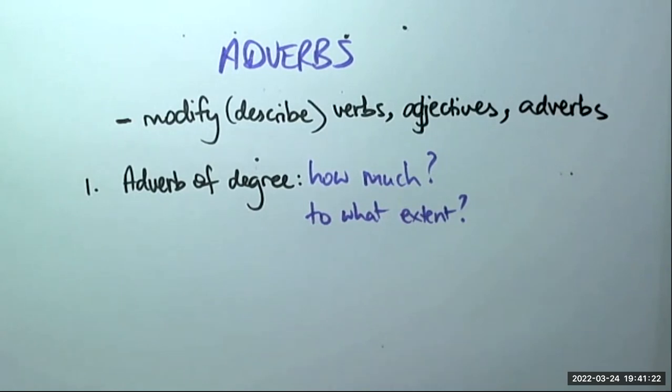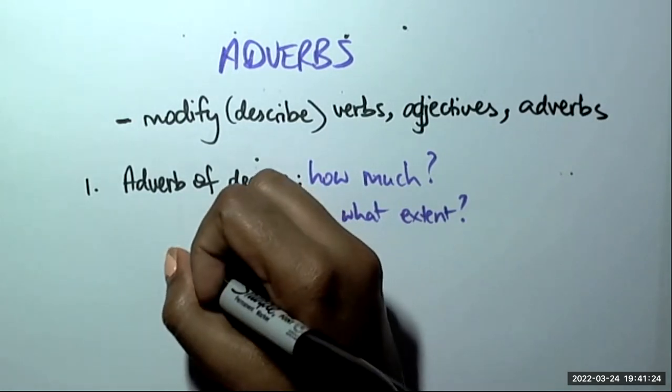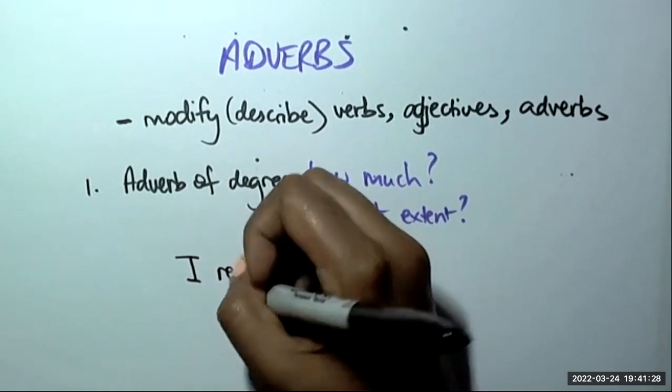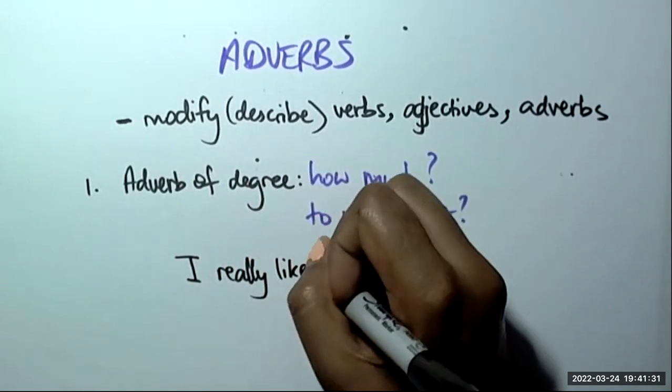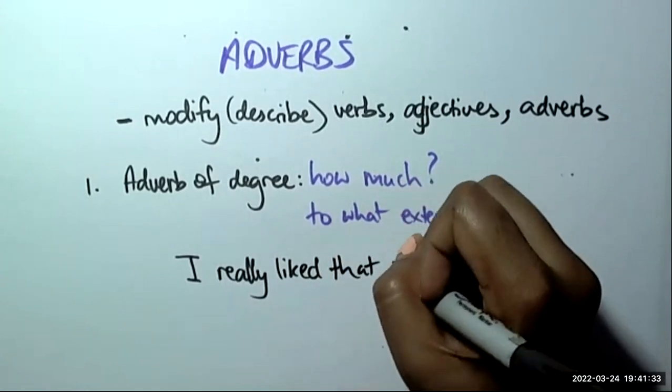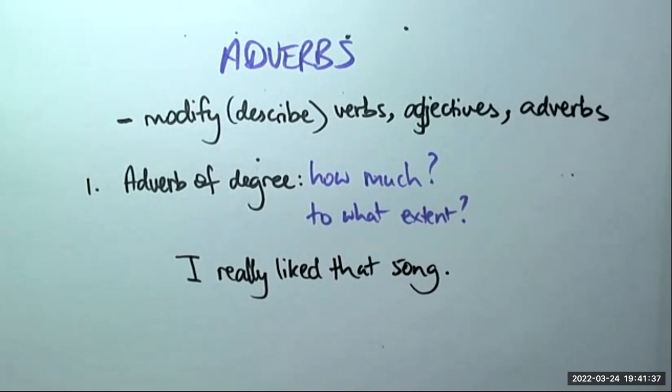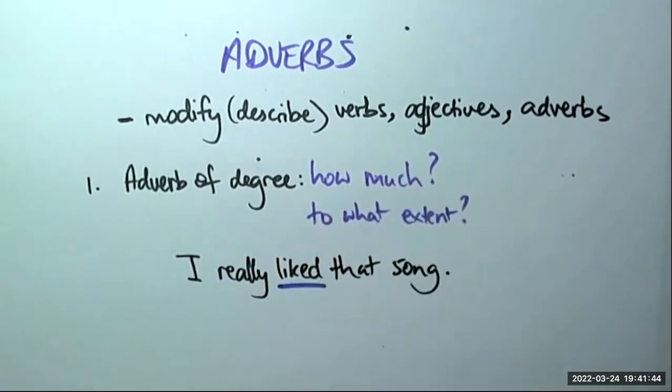Right? So for example, I really liked that song, right? So we first identify our verb. In this case, our verb is liked.